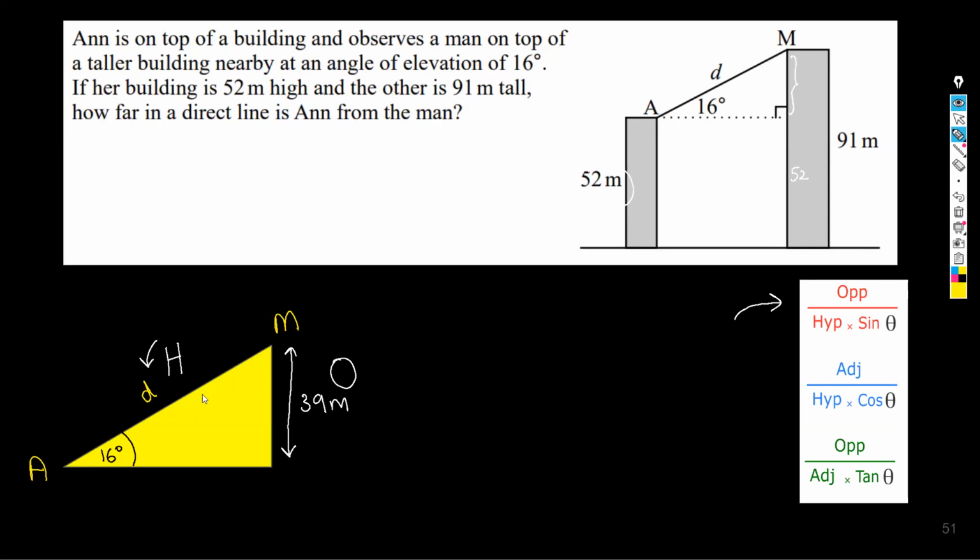So if we're trying to find D, which is the hypotenuse, hypotenuse is opposite divided by sine theta. So to find D, it's the opposite side, which is 39, divided by sine of the angle we are standing in. That gives us, double checking it here, 141.49 meters.